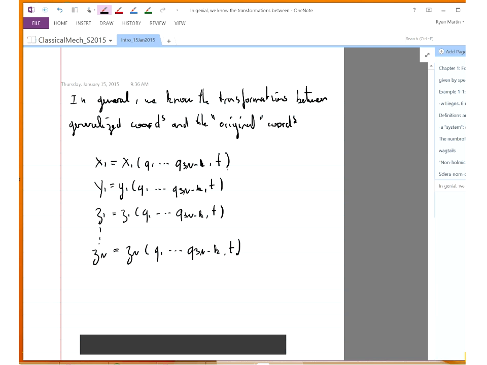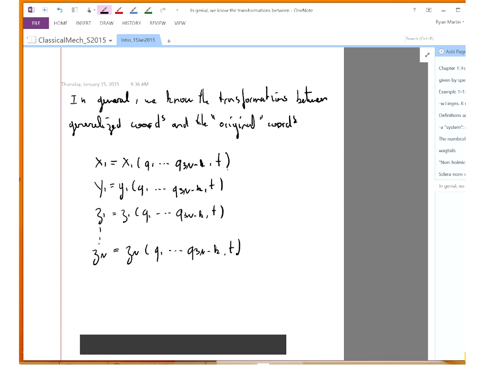We did this with the compound pendulum, right? We wrote out the 4 equations that relate x1, y1, x2, y2 to our 2 generalized coordinates, theta and phi. Remember? So we've done an explicit example of this, but here's the formal description of it.